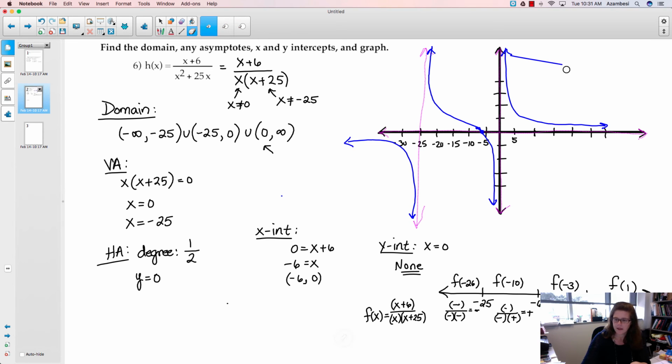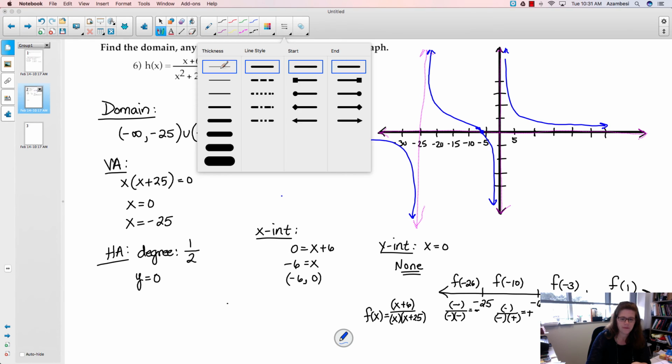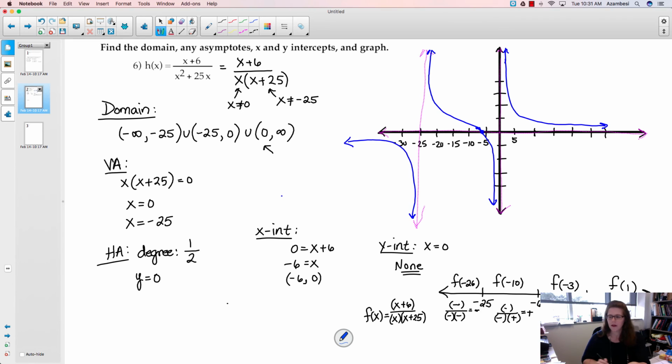My pen went a little crazy there. Here we go. The last part of my function looks like that. All right, this is start to finish a rational function, and you will have a rational function to analyze start to finish on the test.